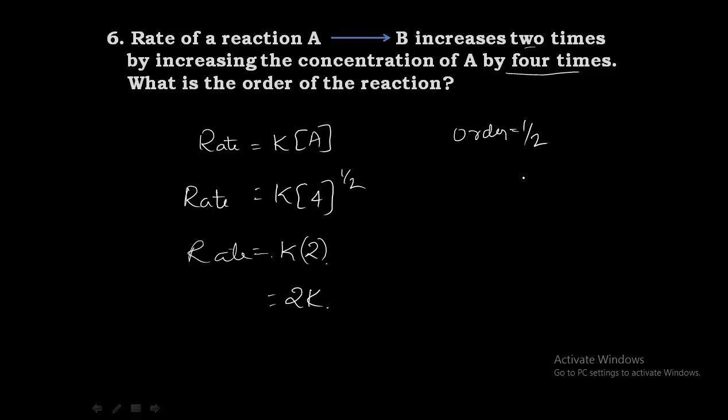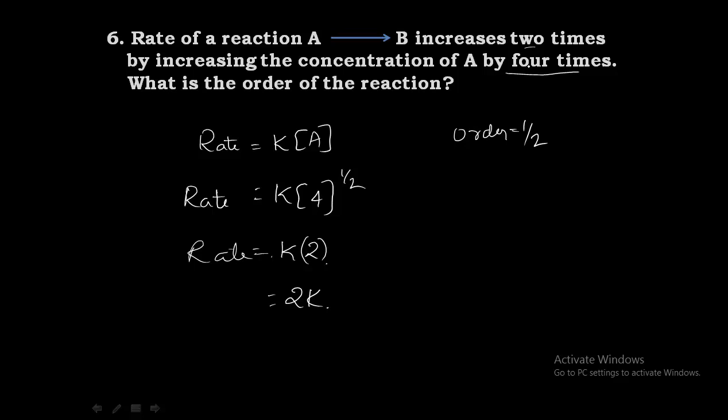Whenever we want to find the order of the reaction, we should apply the trial and error method so that we can get the rate given in the question. Thus the order is 1 by 2.